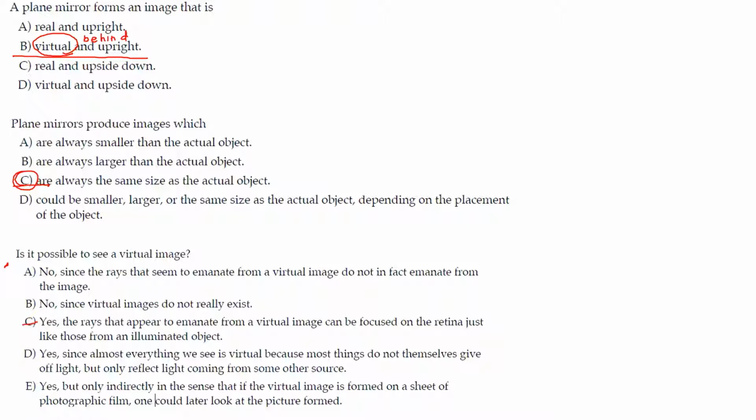So I think the answer is C, and the answer D looks correct. Whatever they are saying is correct, but it is not really explaining the question. So they're asking about virtual images. So in D, they are saying everything we see is virtual.